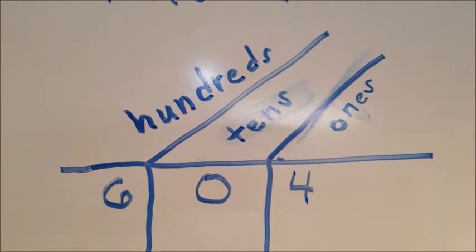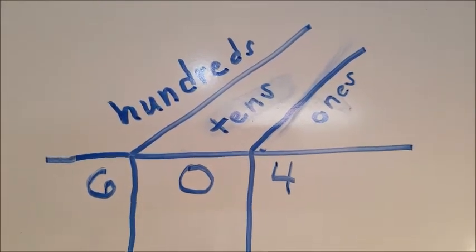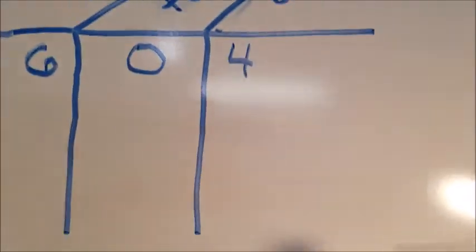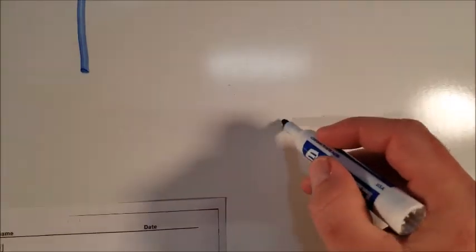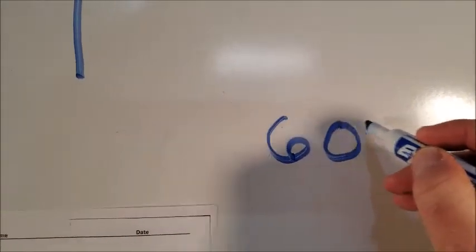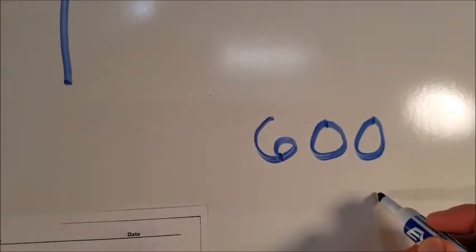So we can do it like that, or we simply can write down the numbers that we're putting together. Let's do it right here. We have 600, and we have 4.